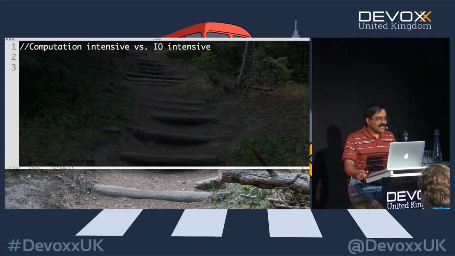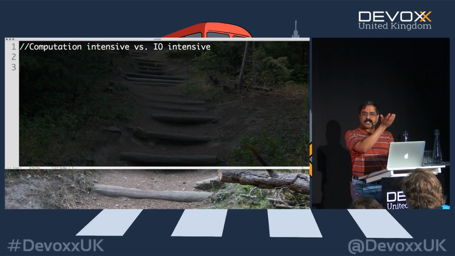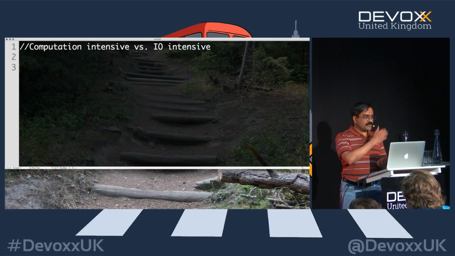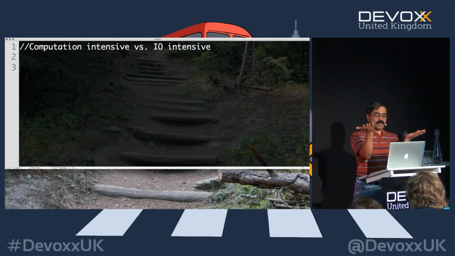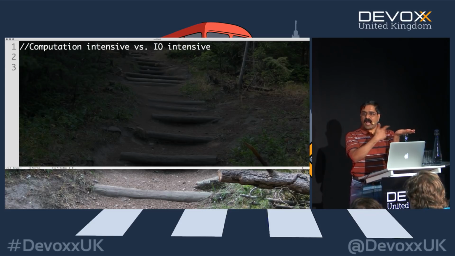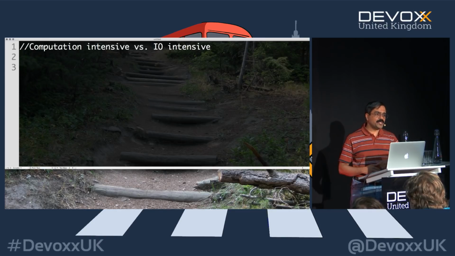But no, the point really is that this is exactly what's going to happen when you have computation-intensive threads. A task that you have is going to get on the CPU, while the other task waiting says, hey, I want my turn, you get off the CPU. And so they end up thrashing each other a lot.